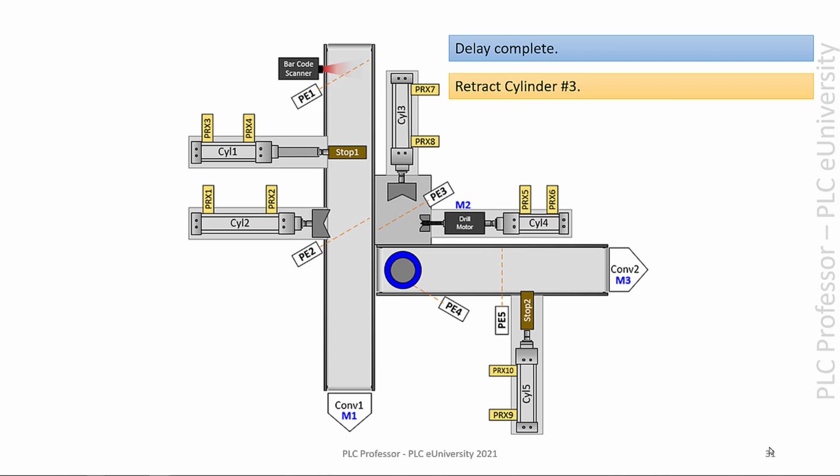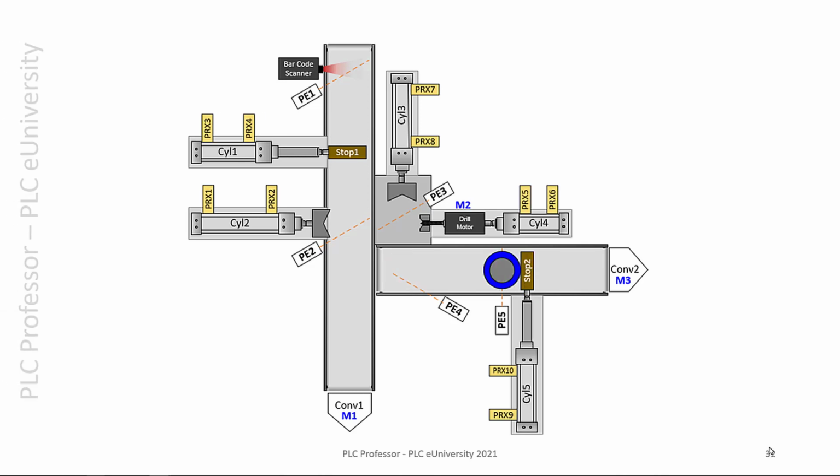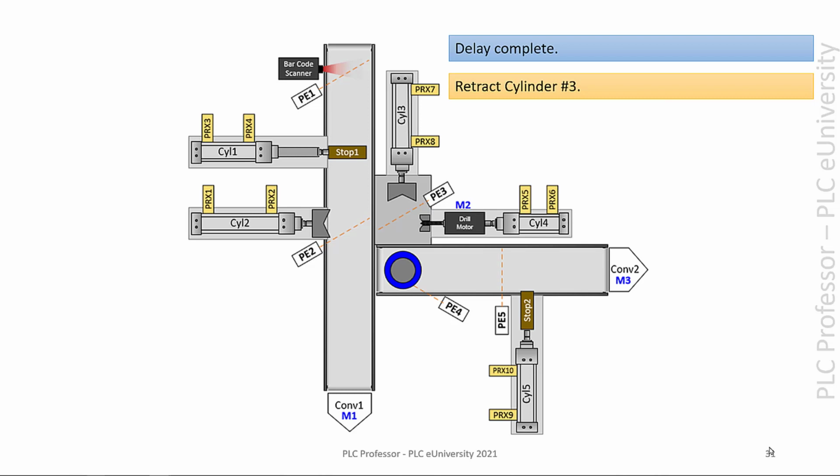And once we've retracted cylinder 3, and Prox 7 tells us that, we can start the finished product conveyor. Now, conveyor 2 goes off to the right, which means it's going downstream to another machining cell, or it's going to packaging or someplace else.